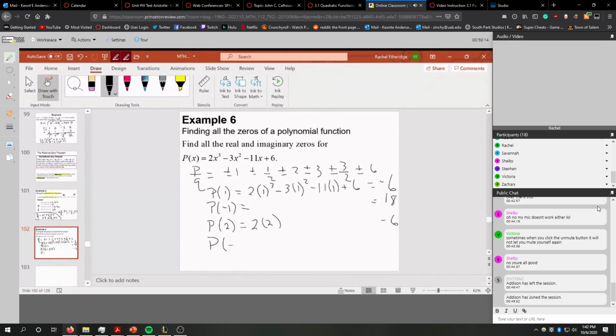This can get kind of tedious, but it's easier if you've got a calculator where you can copy your equation and just plug in. Then I plugged in -2 and I got 18 again.